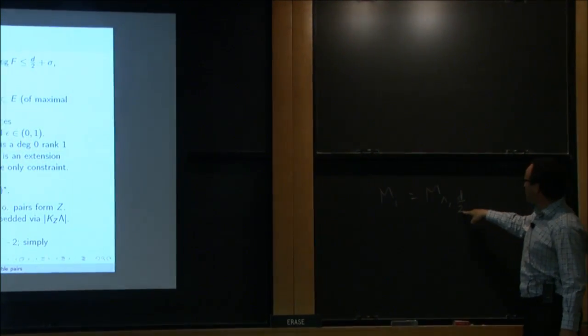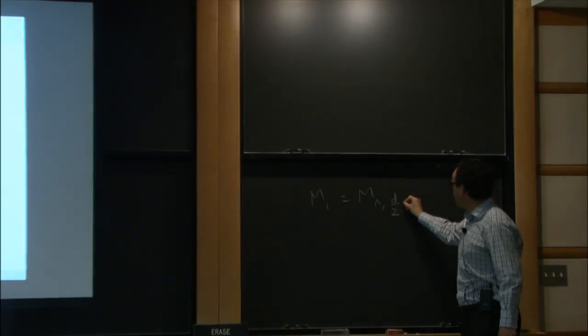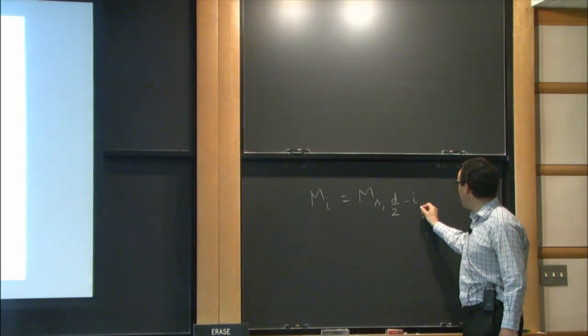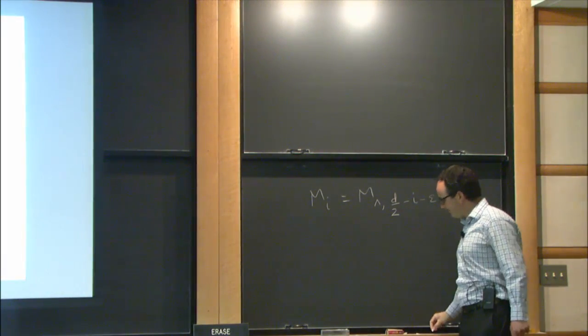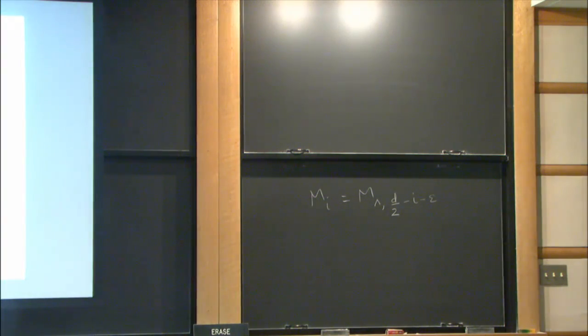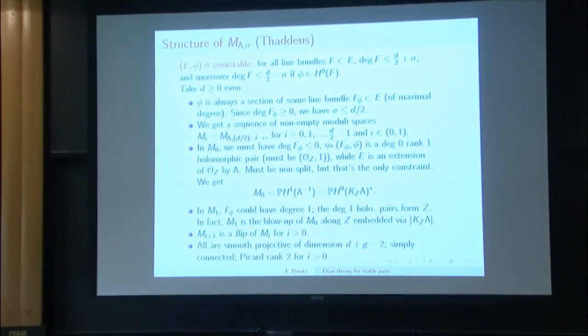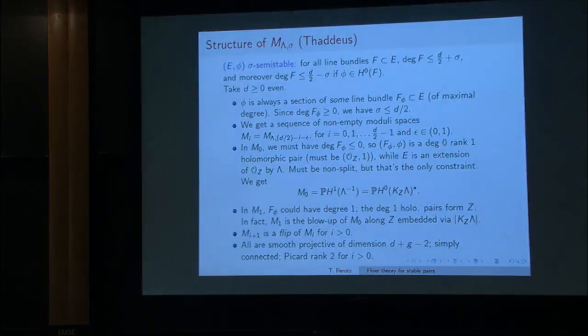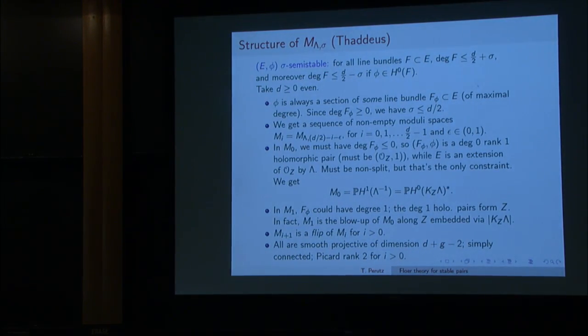This is sort of as big as sigma can be. I subtract integers from it, and then a little bit more, where epsilon is between 0 and 1. So let's think about M_0 first of all.